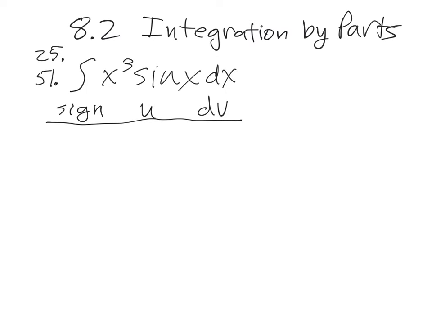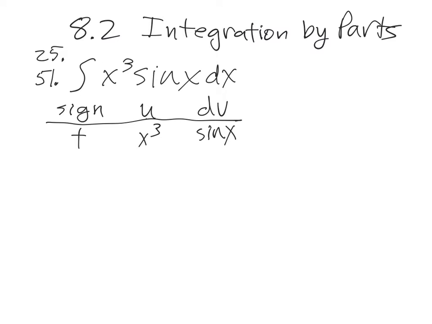Now, the first integration by parts will end up with a positive, and we'll see where the other signs come in. But in this case, our U we would want as x cubed. And then dV, we could do the sine x. Now, this is setting up a little bit differently than how he did it on the videos.